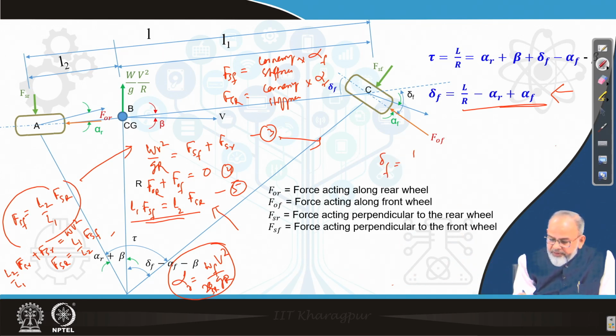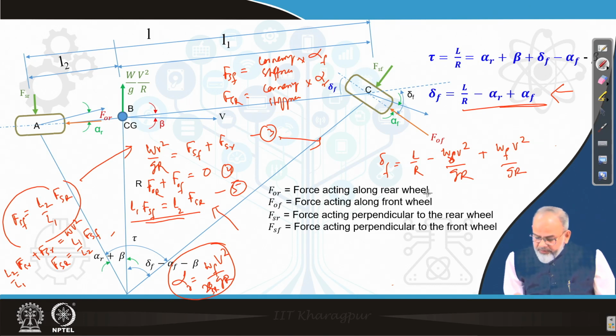to L by R minus alpha R, which is nothing but W_F B square by G R and alpha... this is W_R, this is W_F B square by G R. So, now if I take common B square by G R, now C_SR, C_SF.